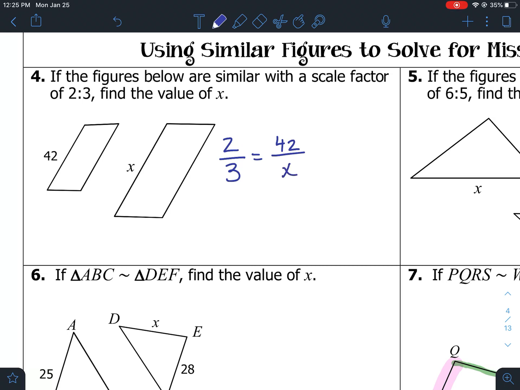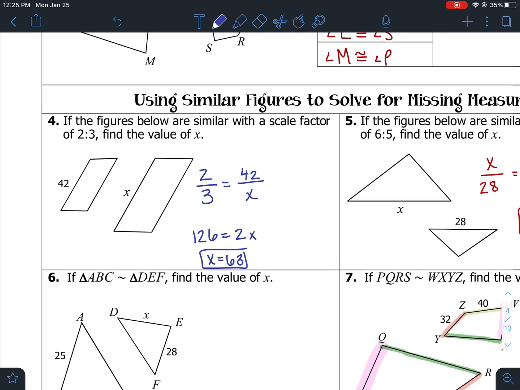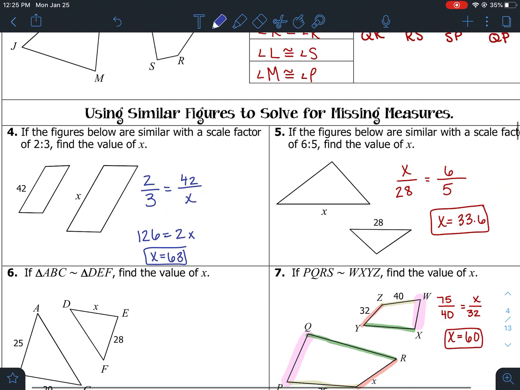From here we cross multiply. So 3 times 42 is 126, equals 2x. Divide both sides by 2. So x is going to be 63. You can see I've done the same thing for number 5. Again, try it on your own and write it down. See if you match mine.